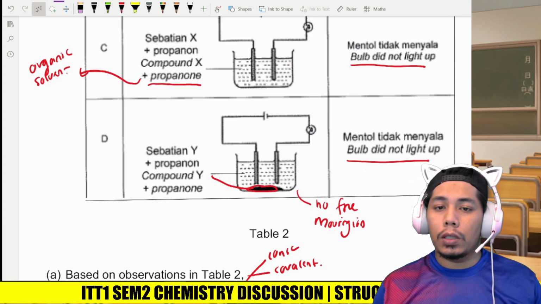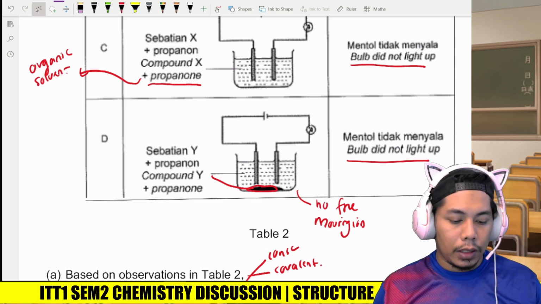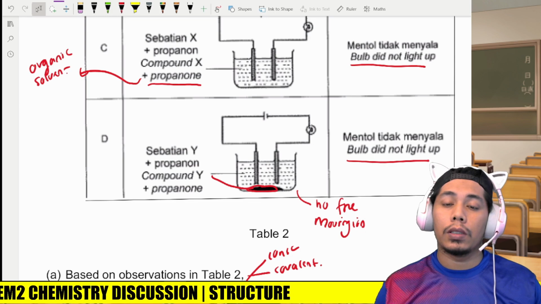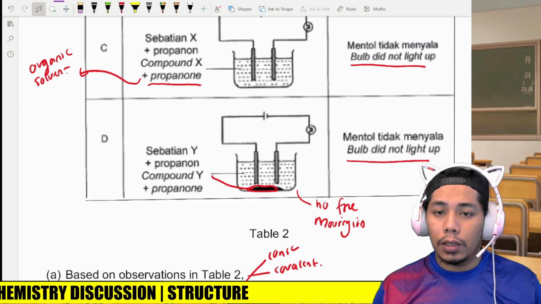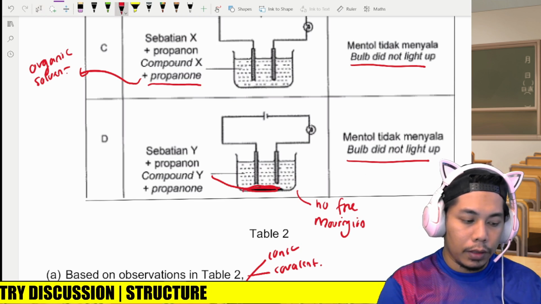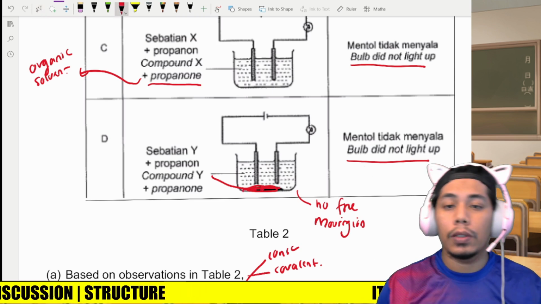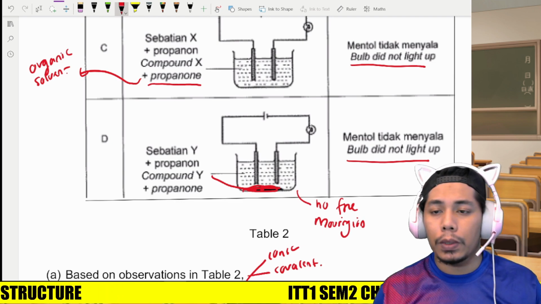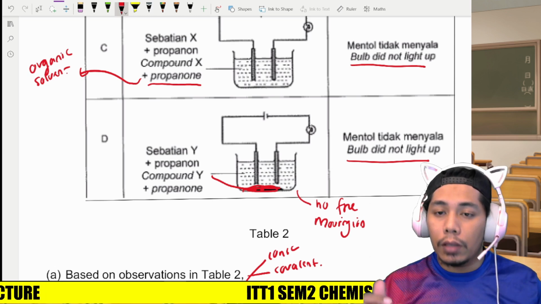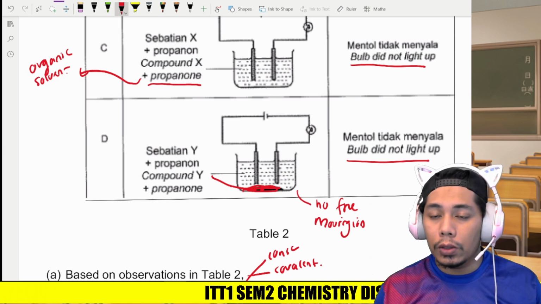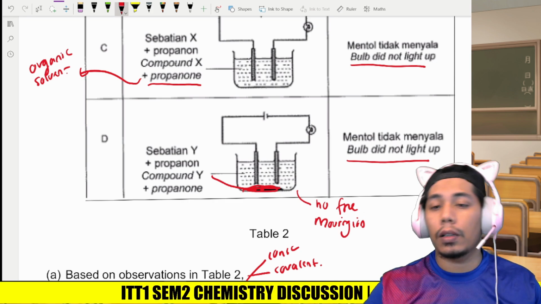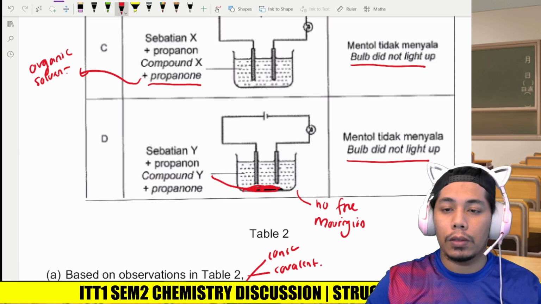That's why you can see there is a precipitate at the bottom of the beaker. Because compound Y cannot dissolve in propanone, it exists as a solid with no free moving ions, and of course cannot carry electricity. As a result, the bulb did not light up.